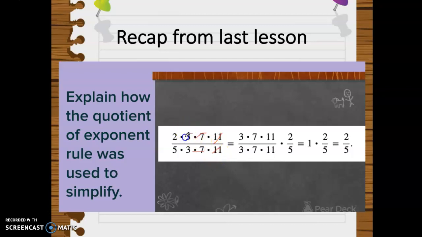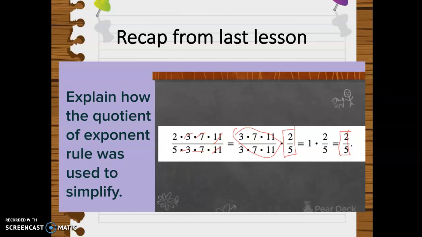So if you have the same numbers, you can subtract them. In this case, this is what I'm subtracting, and this is what I'm left with. Because I'm left with this, this is my final answer. So I simplified the expression using the quotient of exponents. Okay? Well, in this case, of course, we're dividing. So that kind of gives you the idea there.